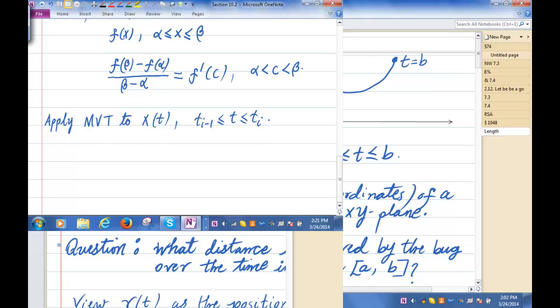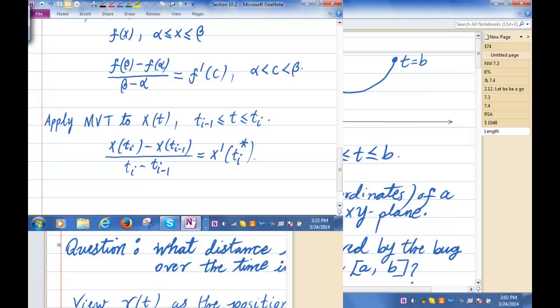What's the average rate of change? The average rate of change of x would be x of t i minus x of t i minus 1, divided by t i minus t i minus 1, and that's going to be equal to x prime evaluated at some number t i star.